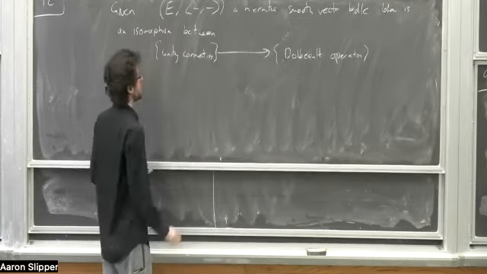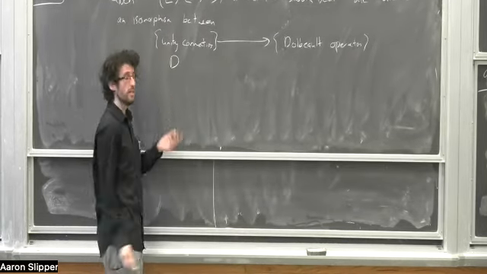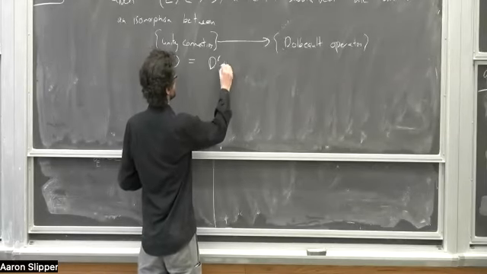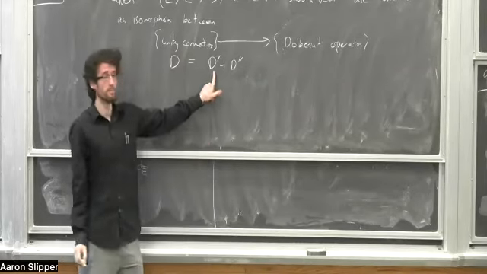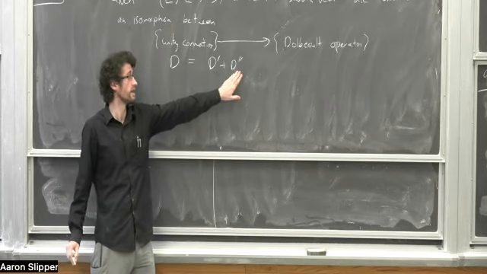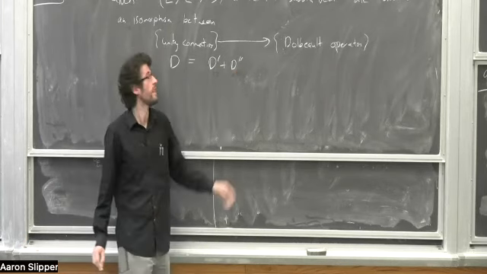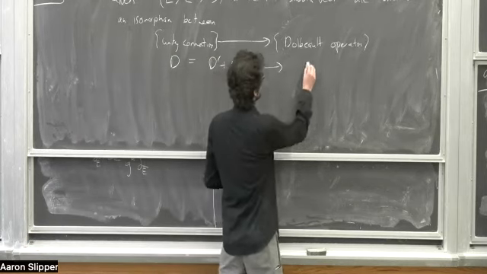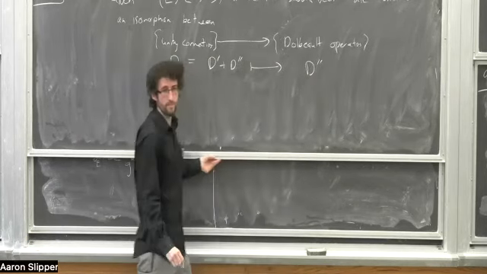And the map in this way is that I can write D again as D prime plus D double prime, breaking it up into a holomorphic and an Omega 0,1 and Omega 1,0 part. And I map to D double prime.